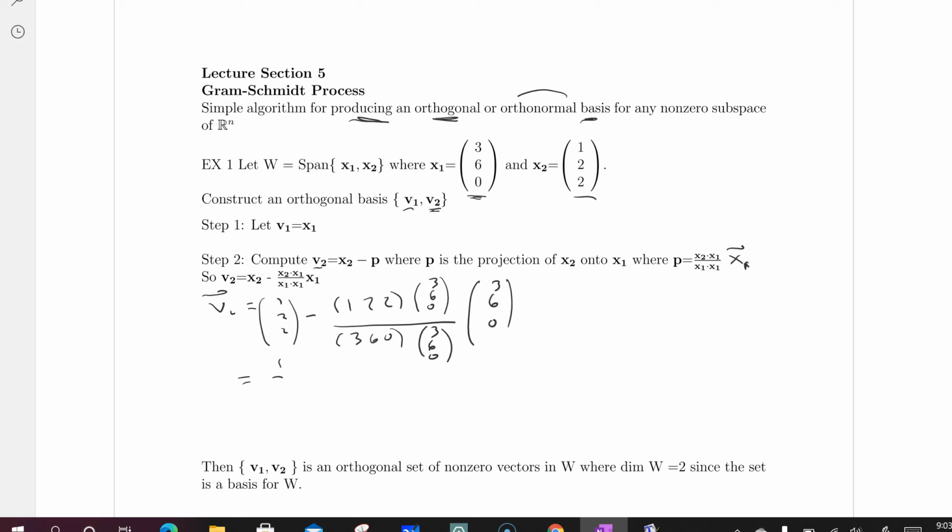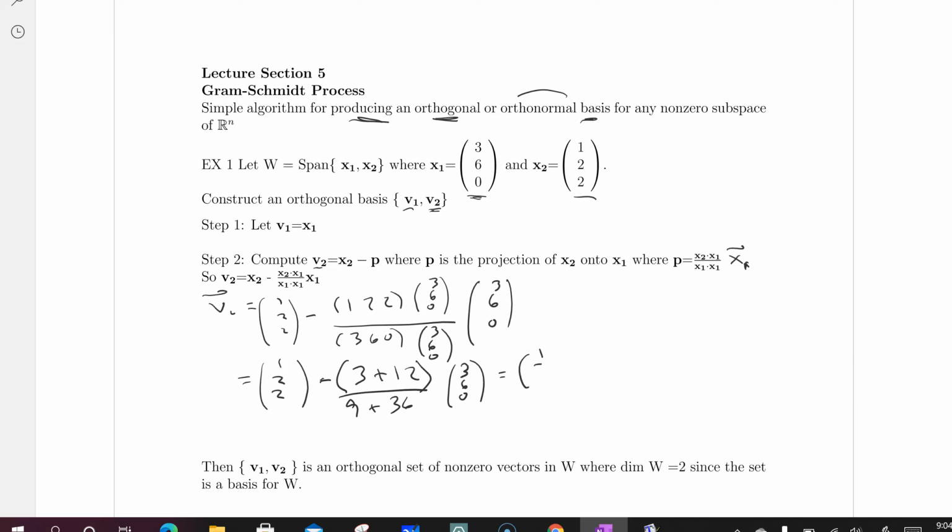Okay, so this is 1, 2, 2 minus, so let's go through here. I get 3. I'm going to make sure I keep the parentheses out here, right? This is minus out here. So I get a positive 3, a positive 12, and a 0, all over a 9 plus a 36, all times my 3, 6, 0.